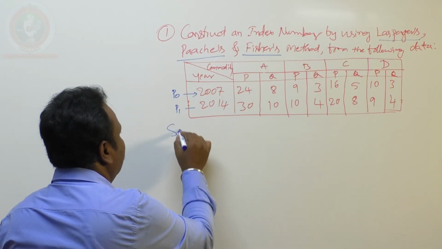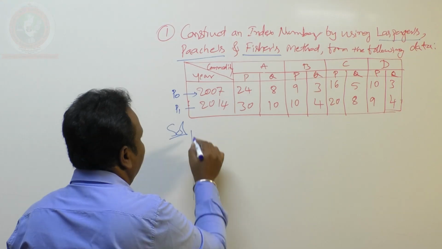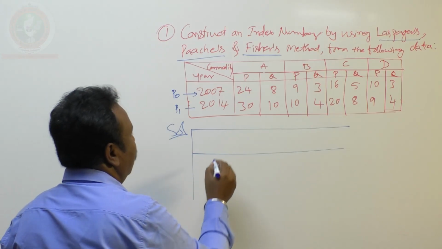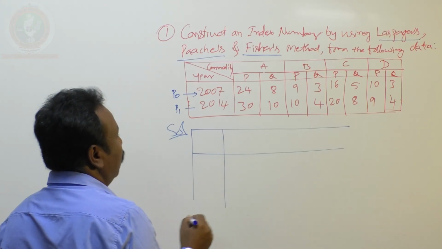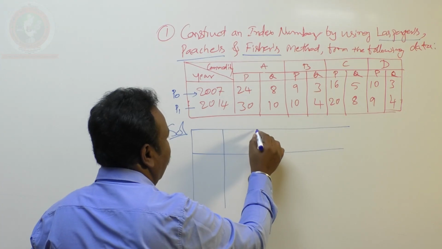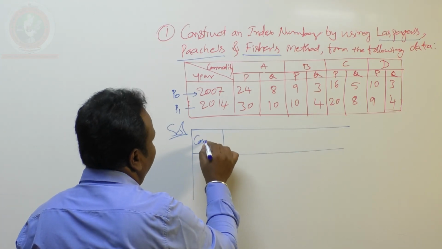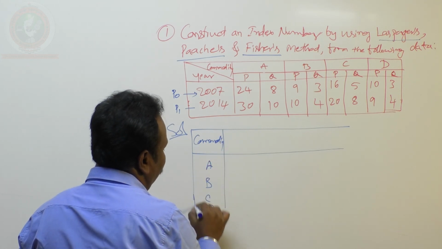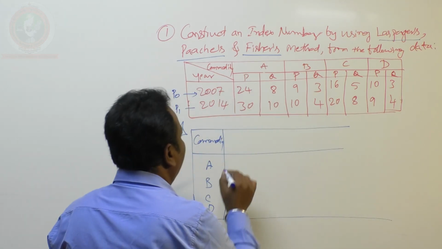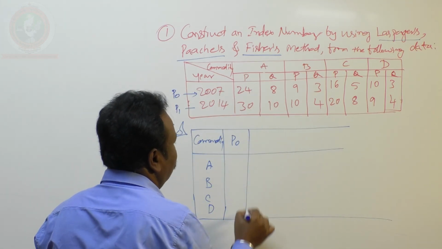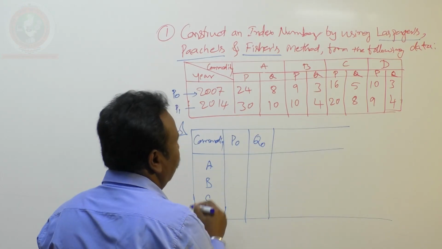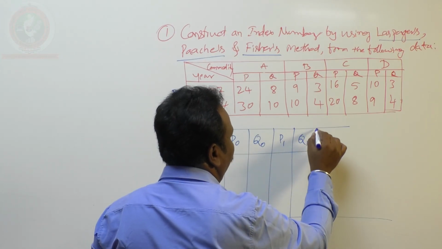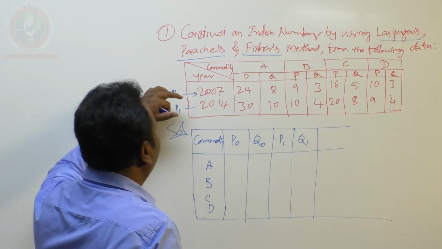In the solution, I have to calculate what is required for the index number under Laspeyres' method, Paasche's method and Fisher's index method. Commodities A, B, C, D are given. I take P0 and Q0 for the base year, then current year price P1 and current year quantity Q1.